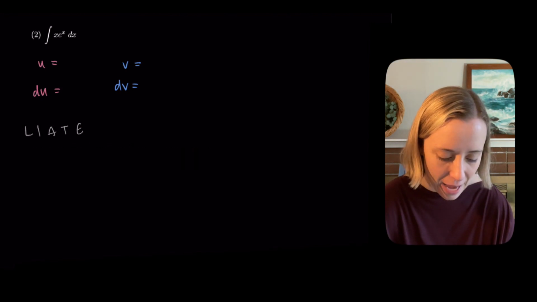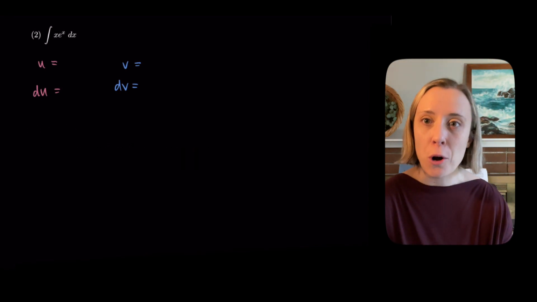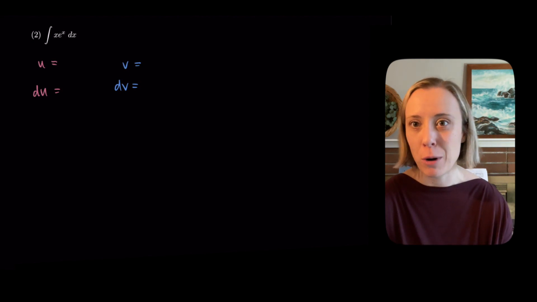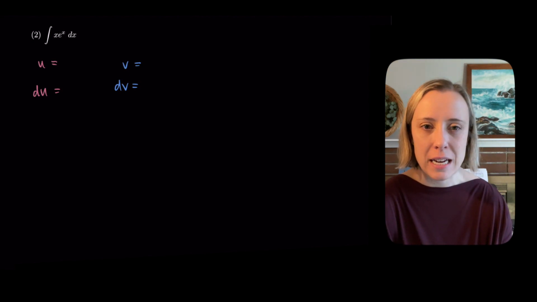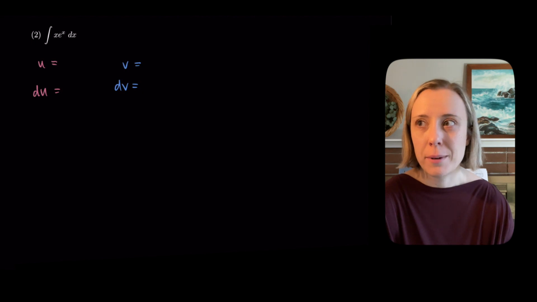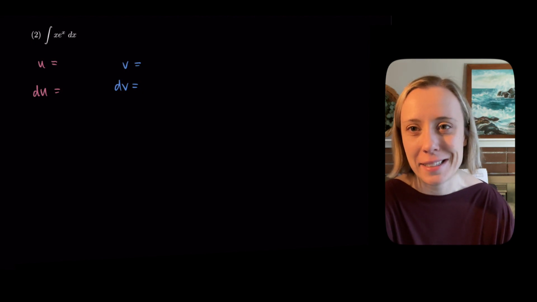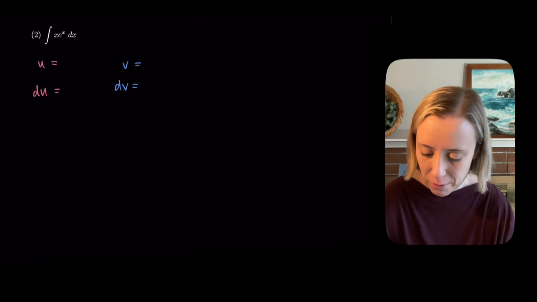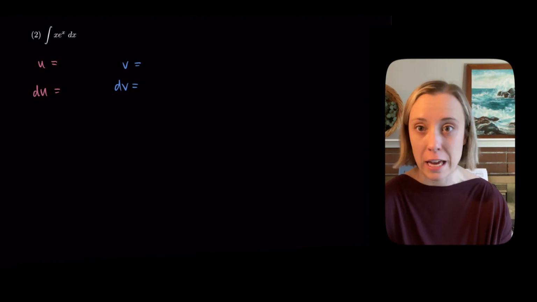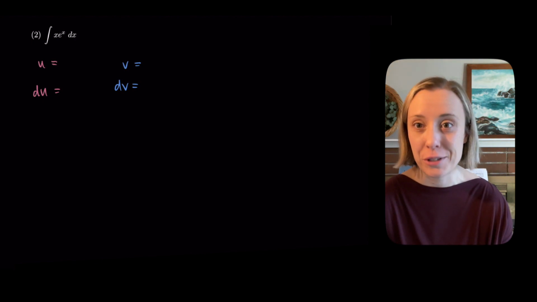And the idea is that when we do integration by parts, we're hoping to somehow change the problem we're looking at. And if we just use e to the x as our u, when we take its derivative, it stays the same, right? It's still e to the x. So for u, we want to choose something that's going to shift, that's going to change, that's going to somehow become easier or different.